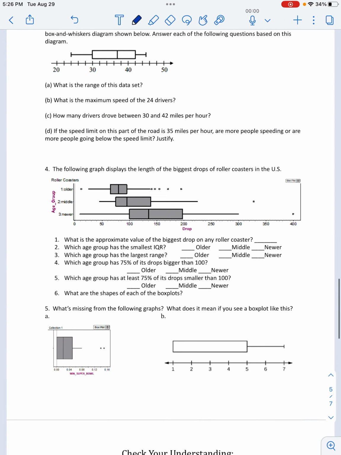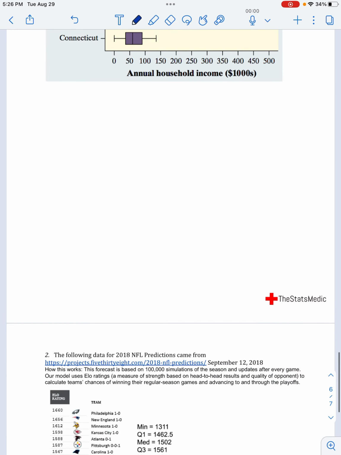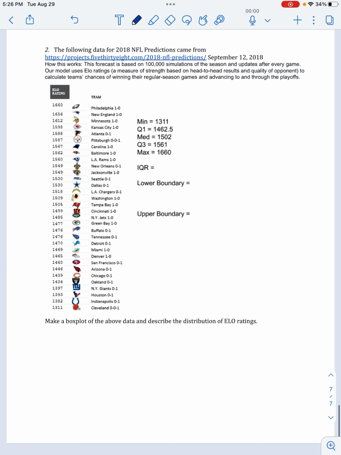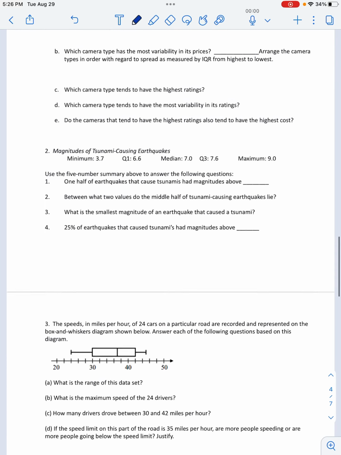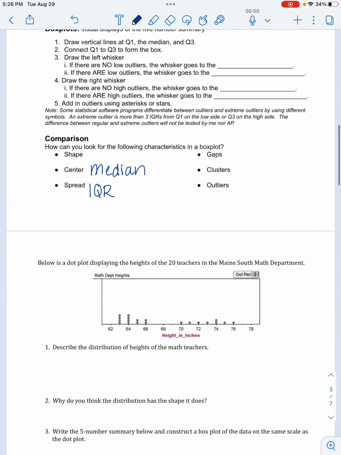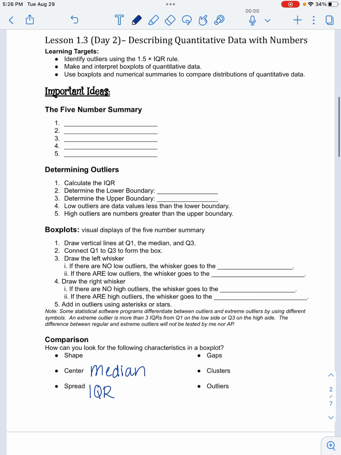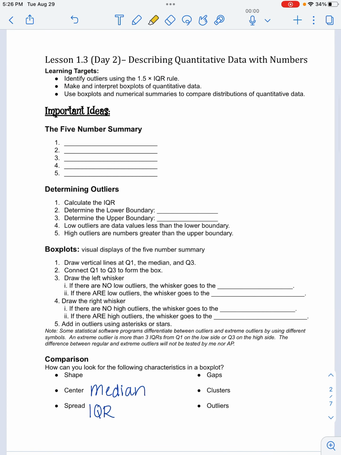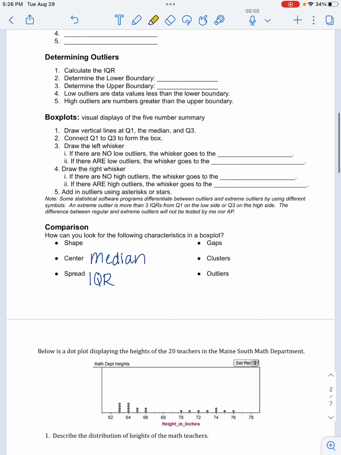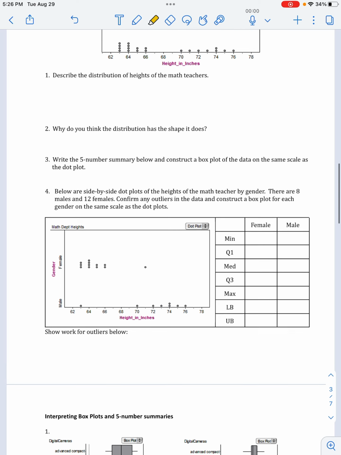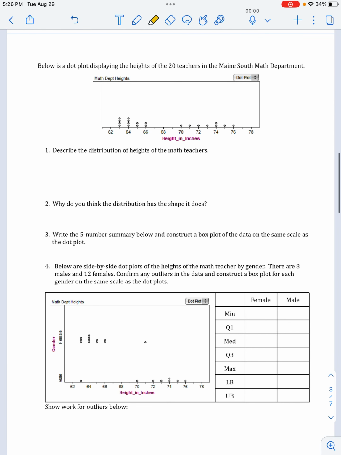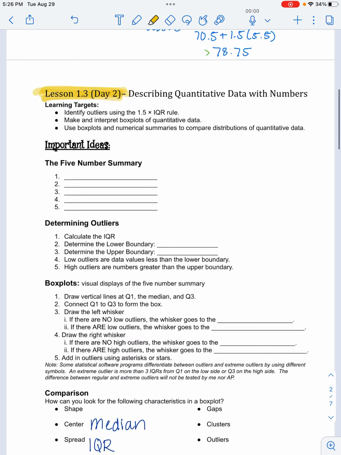If you have time left in class, pick a few to try and check the answer key. There's not a whole lot more information that you need to know that isn't listed in the answer key. So definitely fill in the notes for this page right here. You just don't need a video for it. And the rest of the pages are just examples for you to try with a few notes here and there.